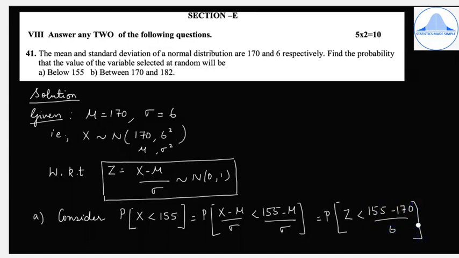So we will simplify this in the next step. Therefore, we got probability of X less than 155 is equal to probability of Z is less than minus 2.5.